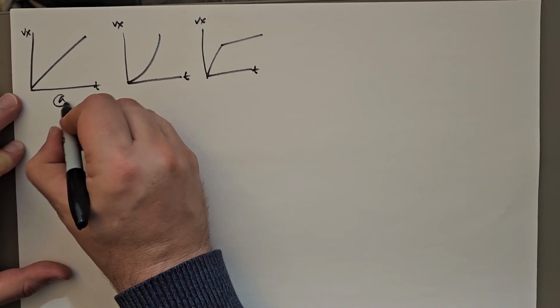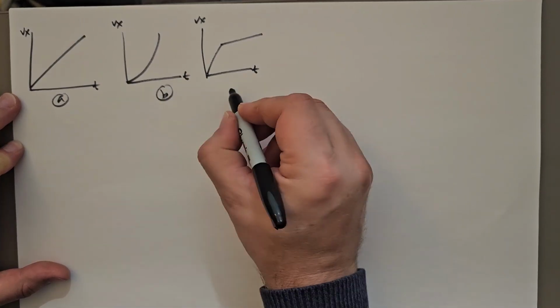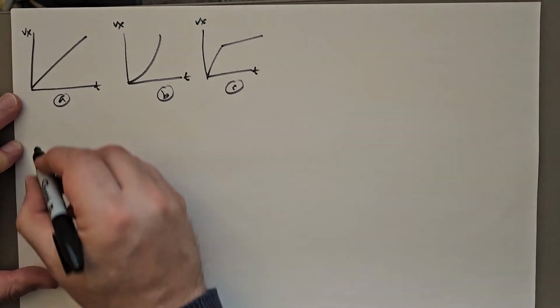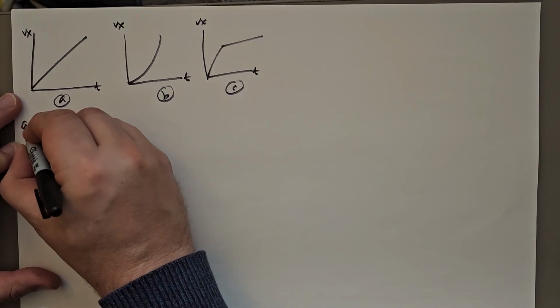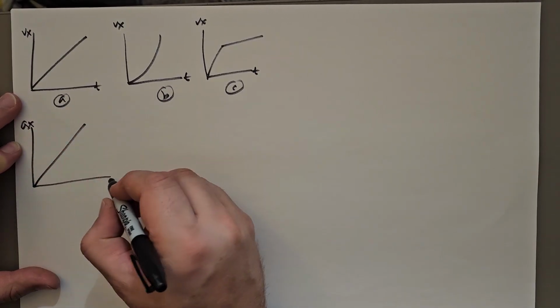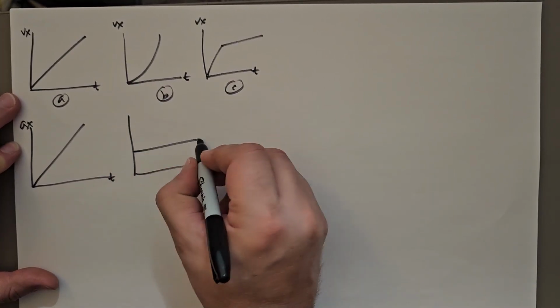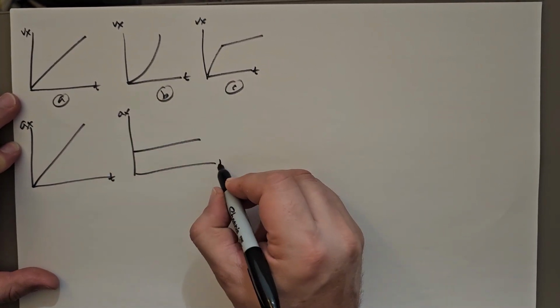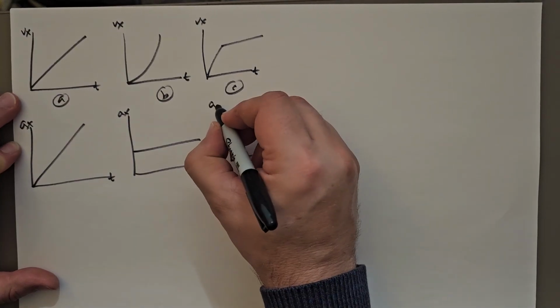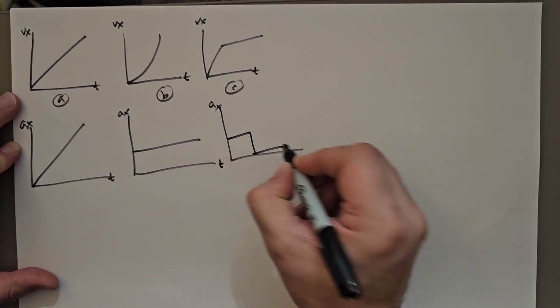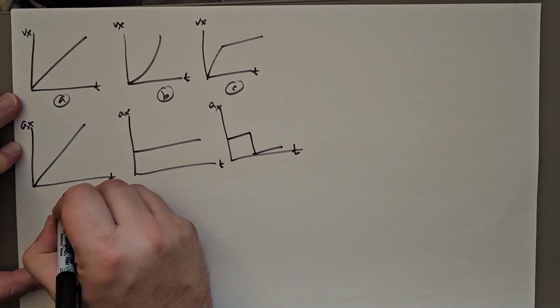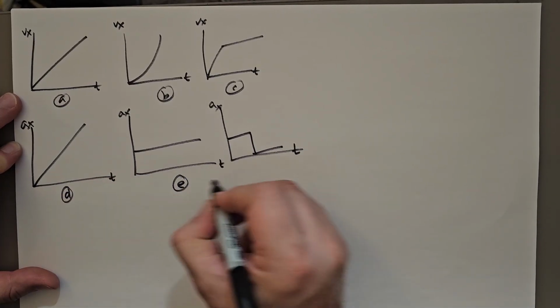This is A, this is B, and this is C. Then the acceleration graphs: we have ax here, and this is constant increasing acceleration. This is constant but positive acceleration. And this is acceleration that changes over time. We're going to call these D, E, and F.